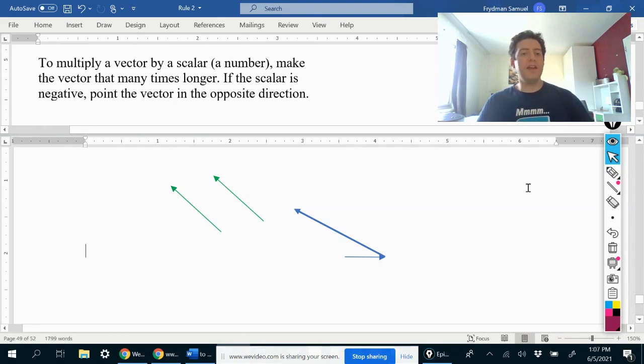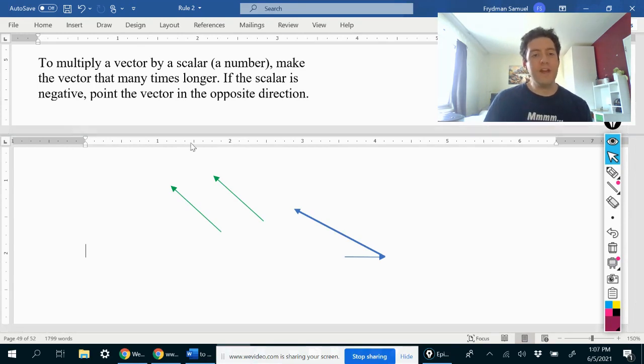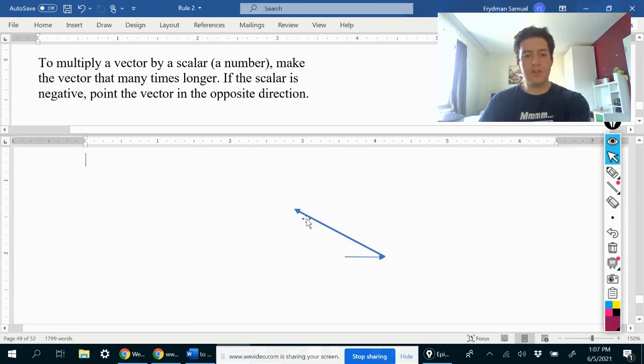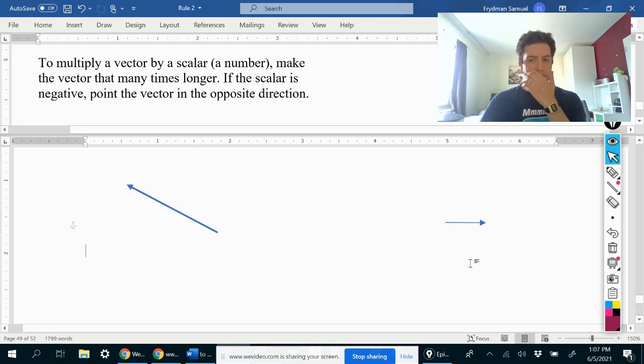To multiply a vector by a scalar, which is just a regular number, make the vector that many times longer. If the scalar is negative, point the vector in the opposite direction. Okay, so let's stick with these vectors over here.